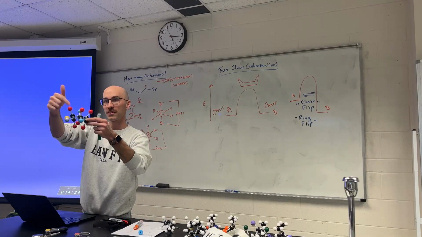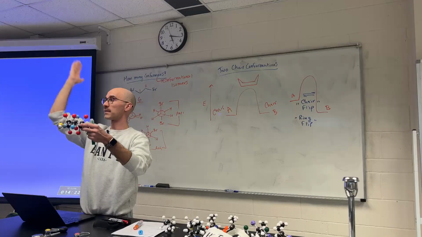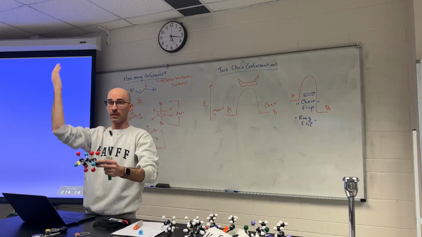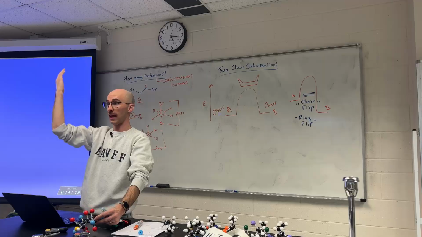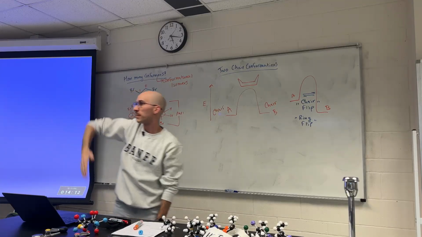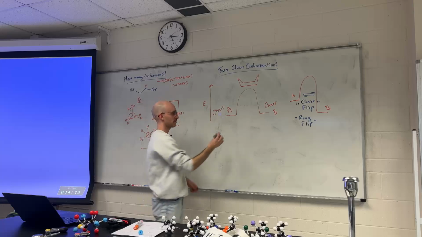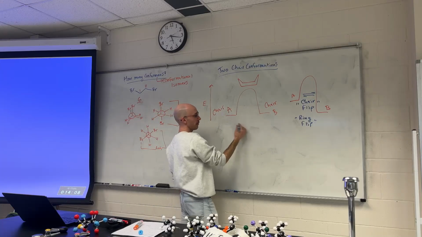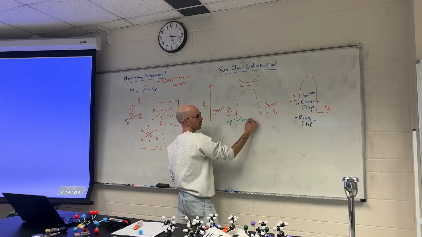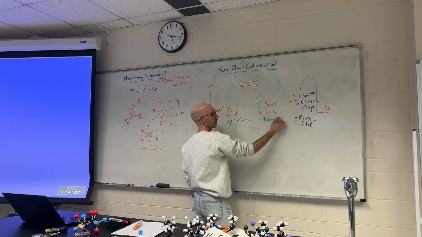It's an up substituent, whether it's axial or equatorial, and it will go through both conformations to be axial and equatorial, but it will never go from being up to being down, ever. So in a chair flip, we see up carbons go to down carbons and vice versa.